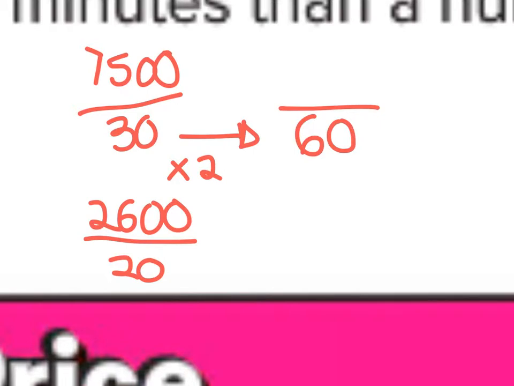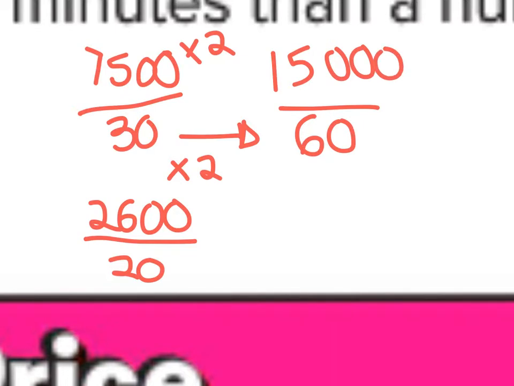Whatever you do to the bottom of a ratio, or a rate, you must do to the top. So we have to multiply that by 2 as well. Okay? Because remember, we're trying to bring it up to an hour. 7,500 times 2 is 15,000. 15,000 heartbeats in 1 hour.